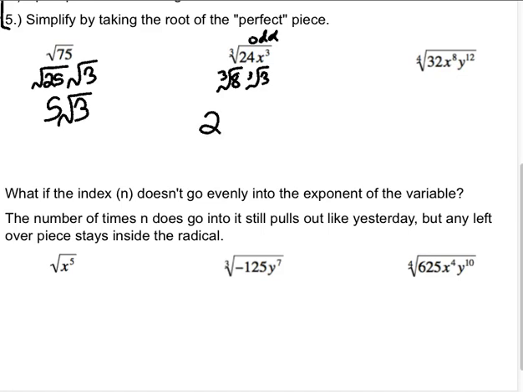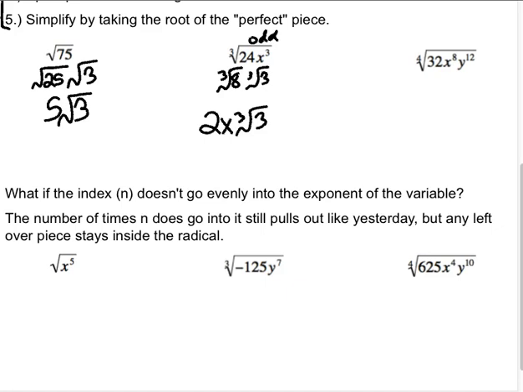And then of course I have the cube root of 3 that isn't coming out. And then x cubed. Well, how many times does 3 go into 3? It goes in there once. So it pulls out very nicely out front and is just sitting there as an x. And again, it was an odd index, so I don't have to worry about absolute value this time.